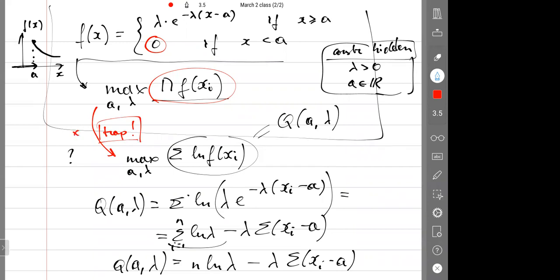The first step is a mistake, because we can take the logarithm only when we are sure that the expression is greater than 0. And in our case, there are two possible values, 0 and positive.